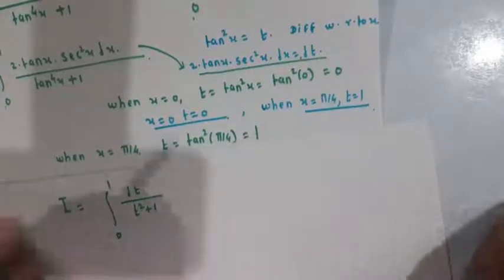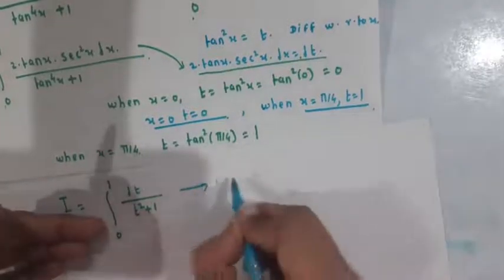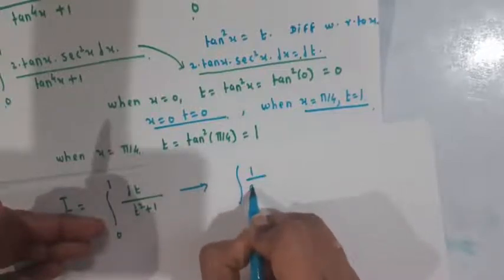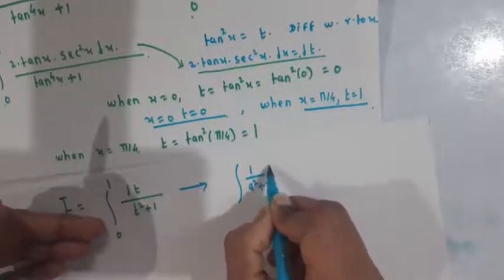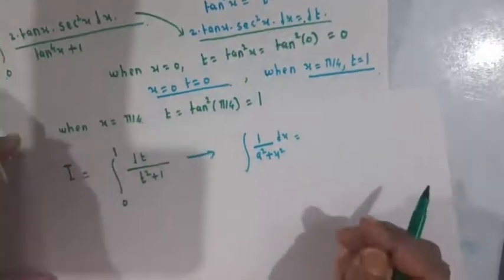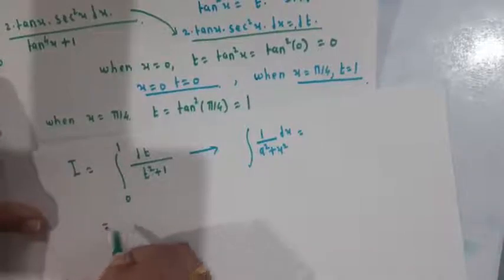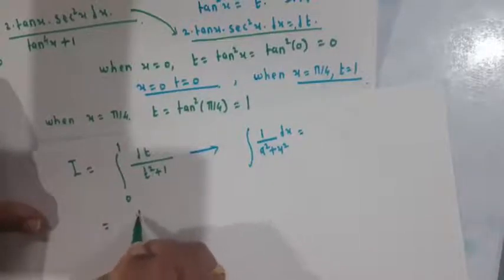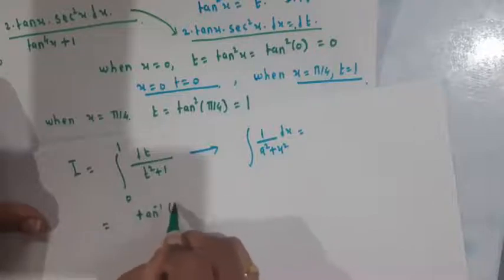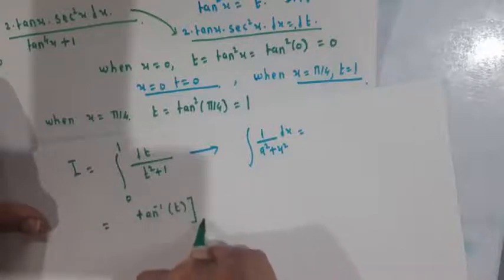Now this is a very simple type of integration, students. It is of the type integration of 1 upon a^2 plus x^2 with respect to x, and its integration formula is 1 by a tan inverse of x by a. Here this is 1 by 1 tan inverse of t by 1, that is tan inverse t, with limit of integration 0 to 1.